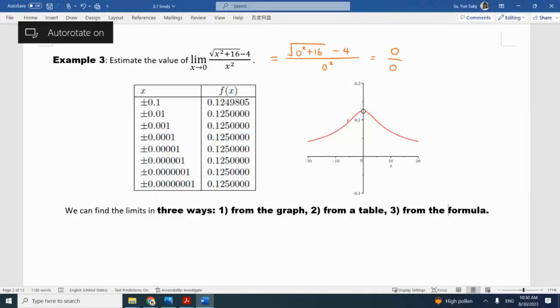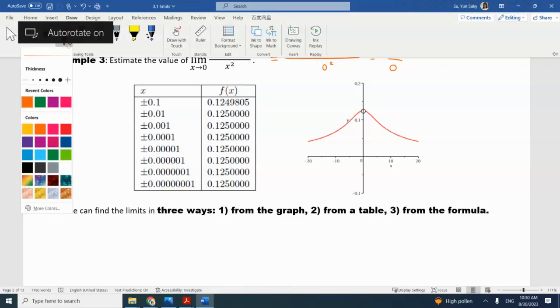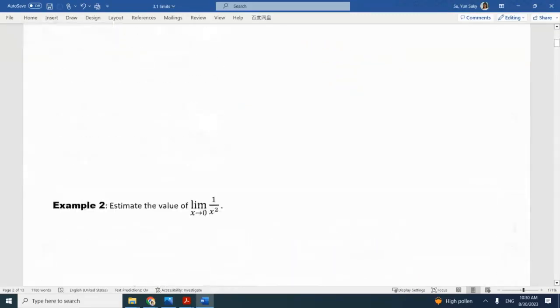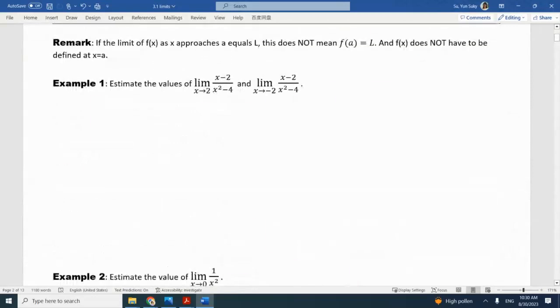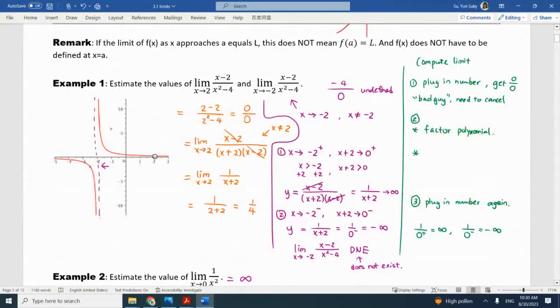Okay, let me get this thing away. All right, we need to find the bad guy. So we come back. Remember the steps here? When we see the numerator and the denominator are polynomial, we can factor it. But do you see here, we don't get a polynomial.